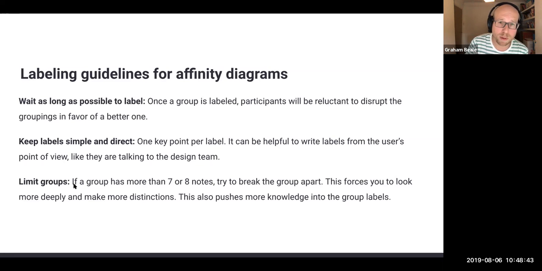Keep the labels as simple and direct as you can. It can be helpful to write labels from the user's point of view, like they are talking to the design team. So rather than saying users like nearby, for example, you might put on that group of notes we saw earlier, I like to find my services nearby.